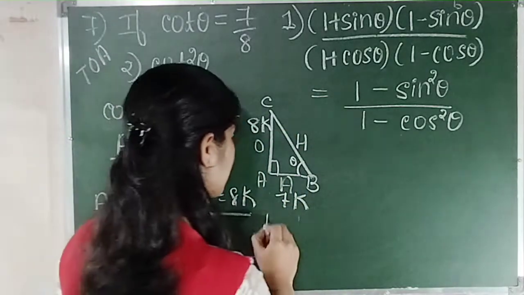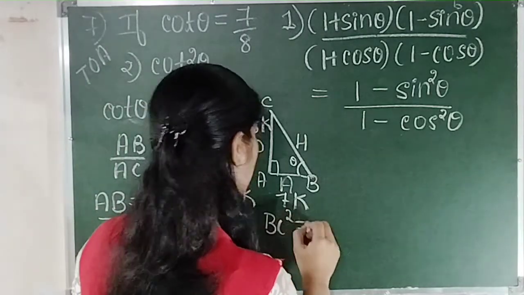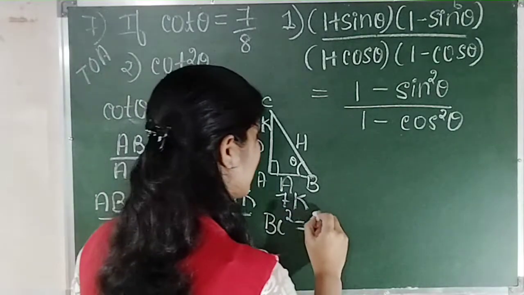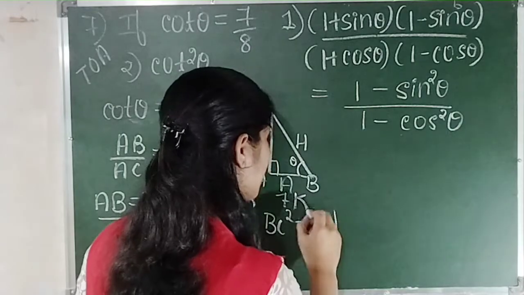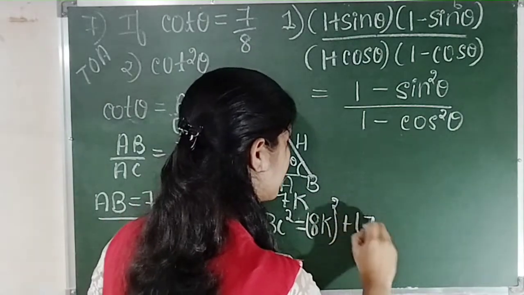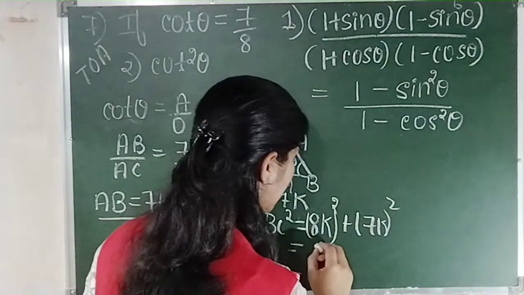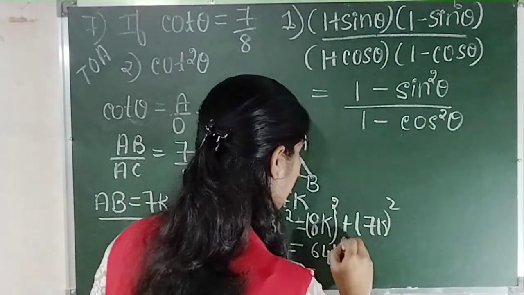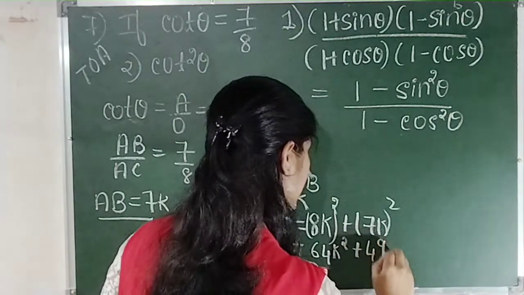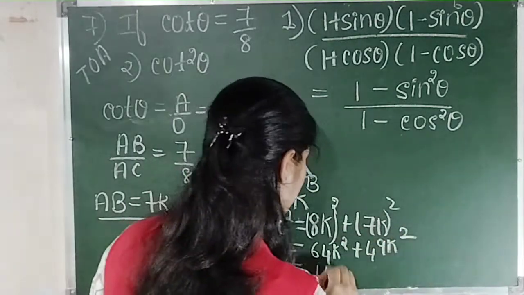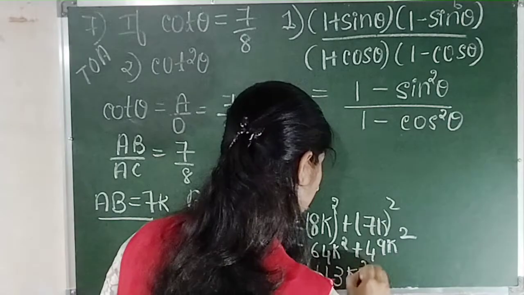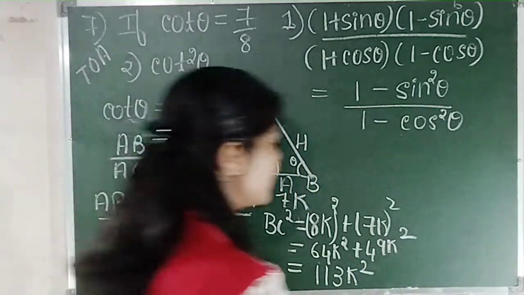So BC square is equal to 8K square plus 7K square. So 8 square is 64K square plus 49K square, that is 113K square.